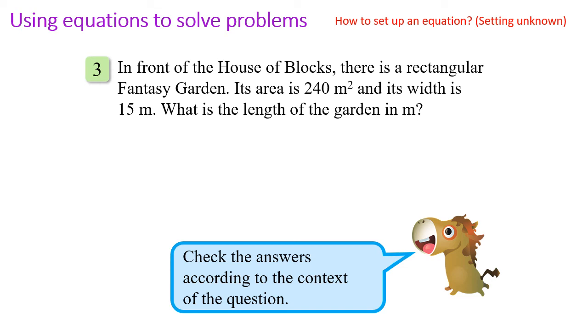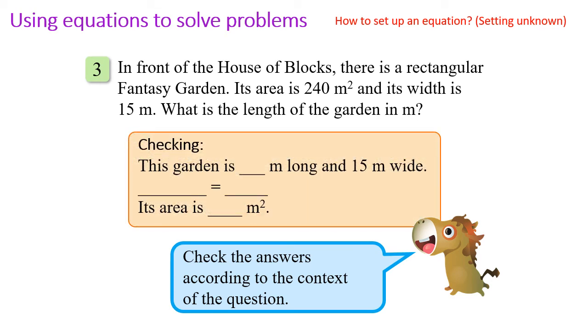After you finish the calculation, you still have to check your answer. How can you check? I know that the garden is 16 meters long, and I know that the width is 15 meters.